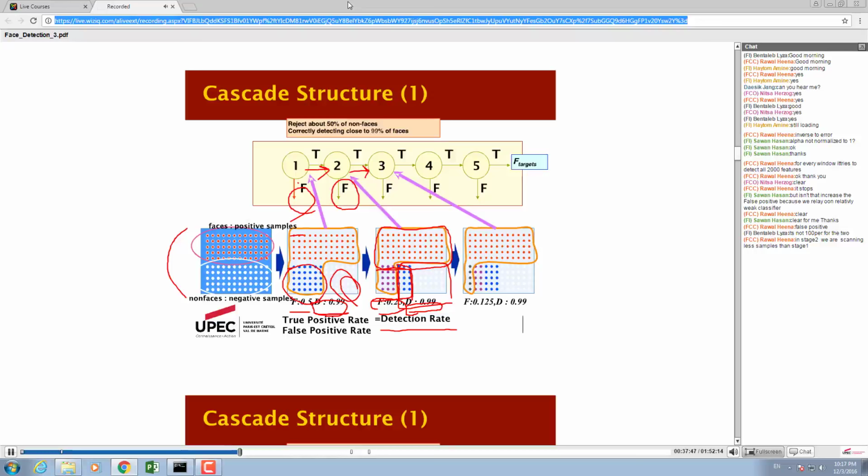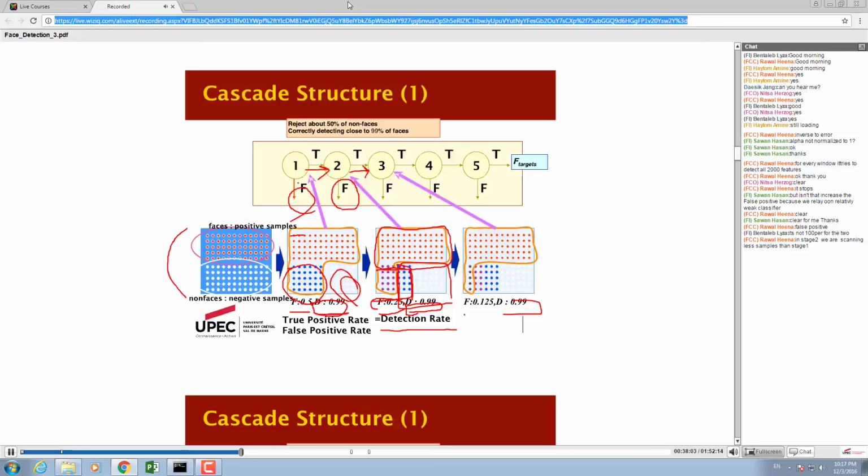Many of them are already filtered out by stage 2, so stage 3 will have a much smaller number of samples, and it will try to classify again.